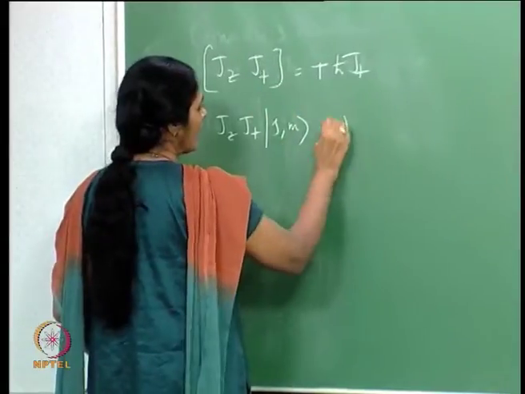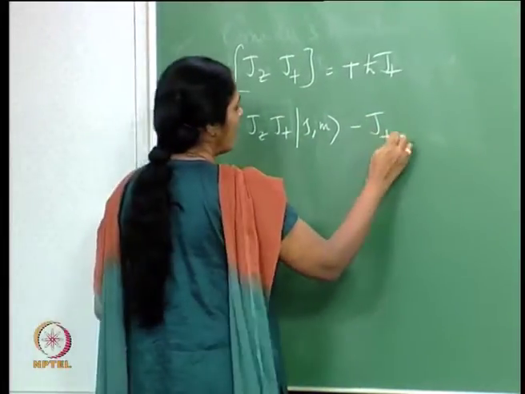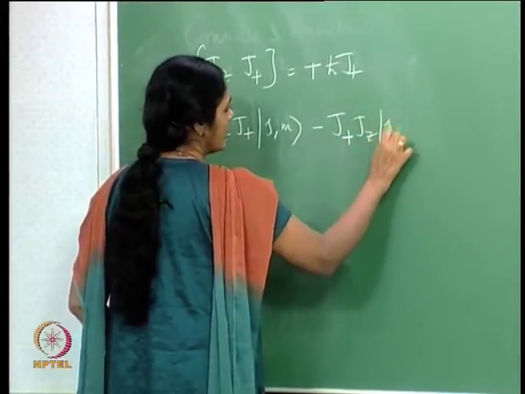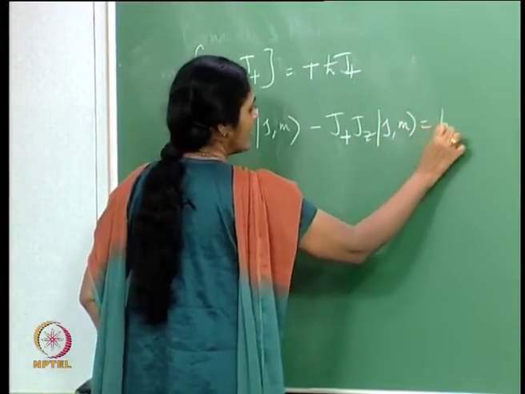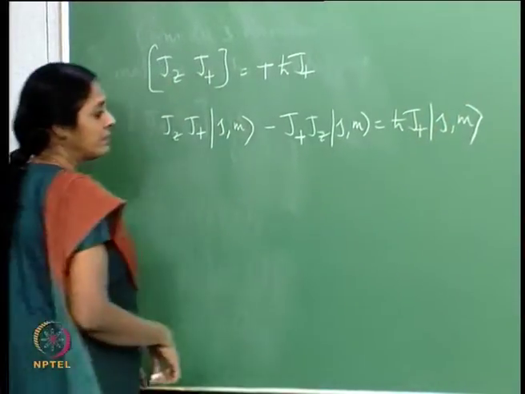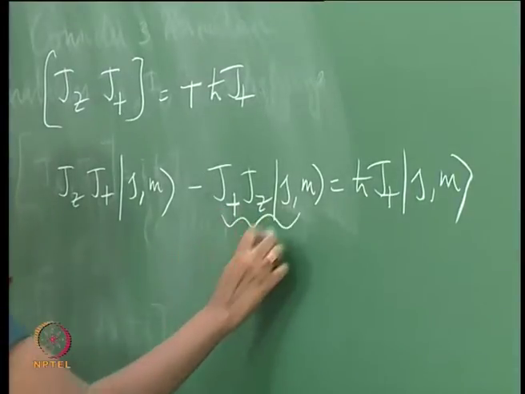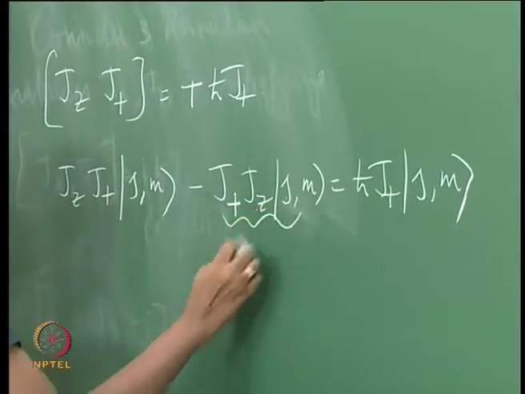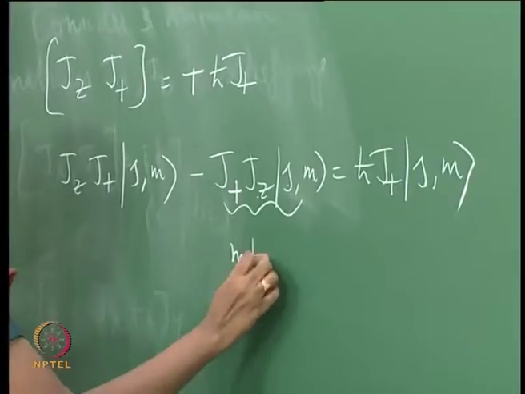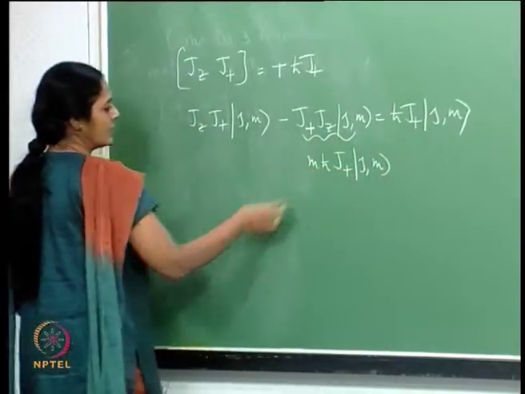From this algebra, I have that Jz J plus |j, m> minus J plus Jz |j, m> is h cross J plus |j, m>. Well, certainly this object Jz acting on |j, m> is m h cross, which is a number, and therefore I can pull that out and write the second term in this manner.